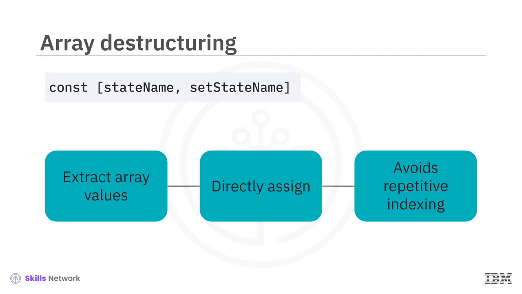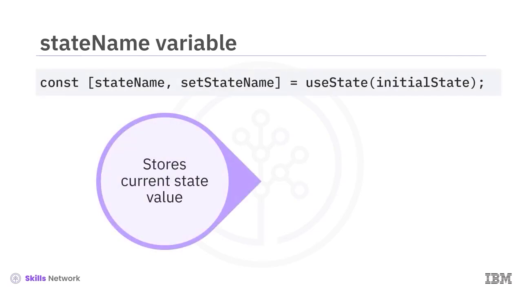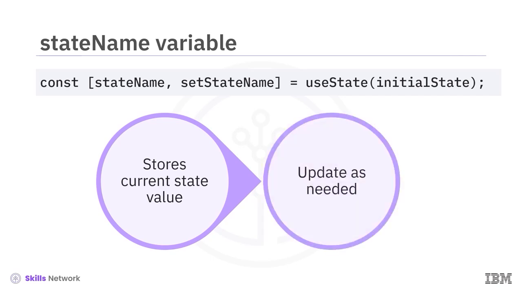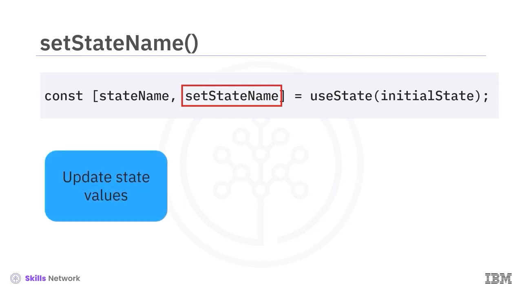In this case, it extracts two values from the array returned by useState and assigns them to variables named stateName and setStateName, respectively. The stateName variable stores the current state value. This variable represents the current state of the component. You can access it and update it as needed. You can use the setStateName function provided by the useState hook to update the state value.